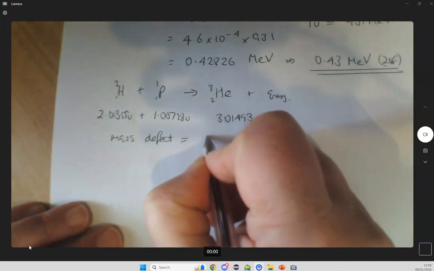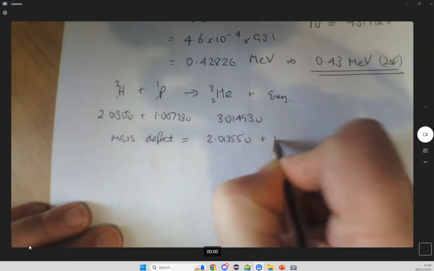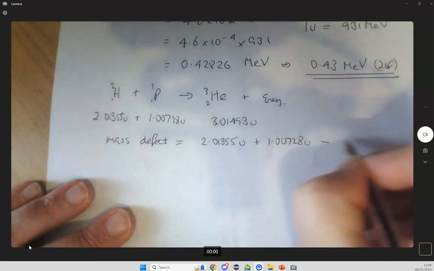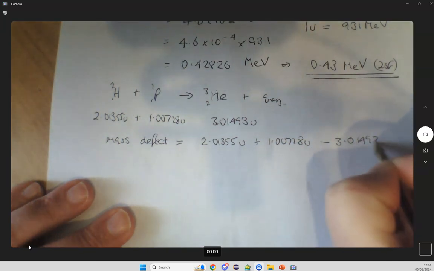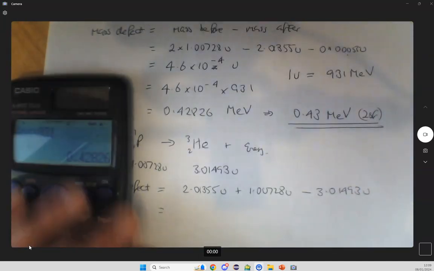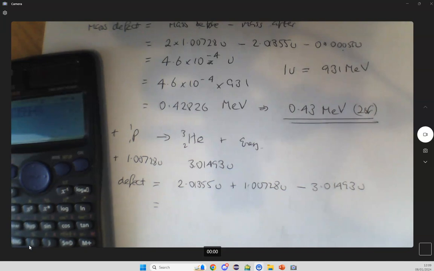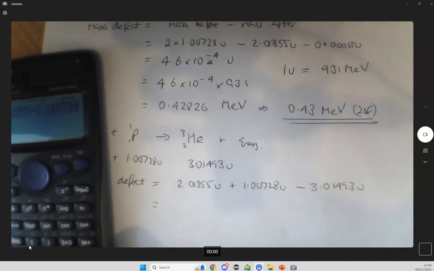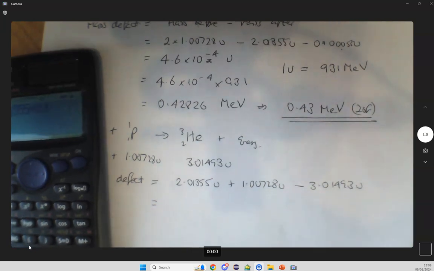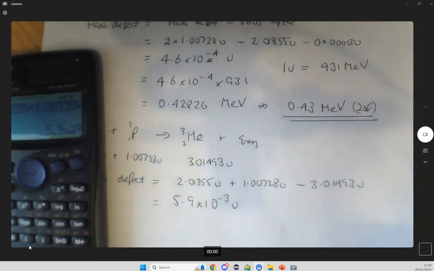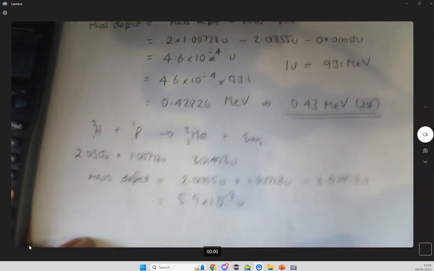So the mass before is 2.01355 U plus 1.00728 U. The mass after is 3.01493 U, giving us a mass defect of 2.01355 plus 1.00728 minus 3.01493, which gives a mass defect of 5.9 times 10 to the minus 3 U. It's positive, so mass has been lost, therefore energy has been released.